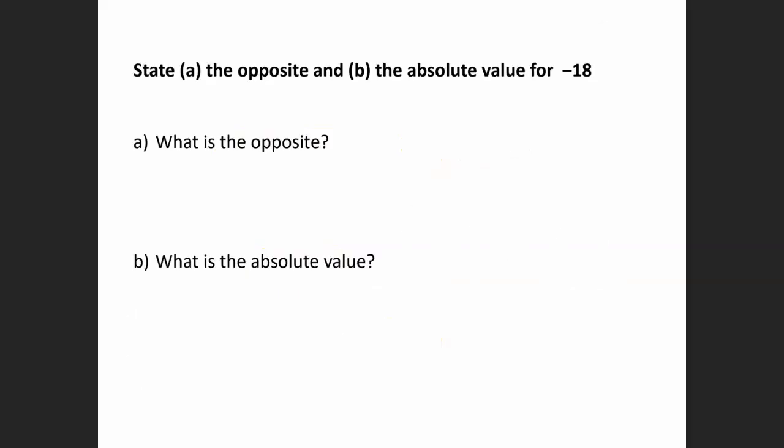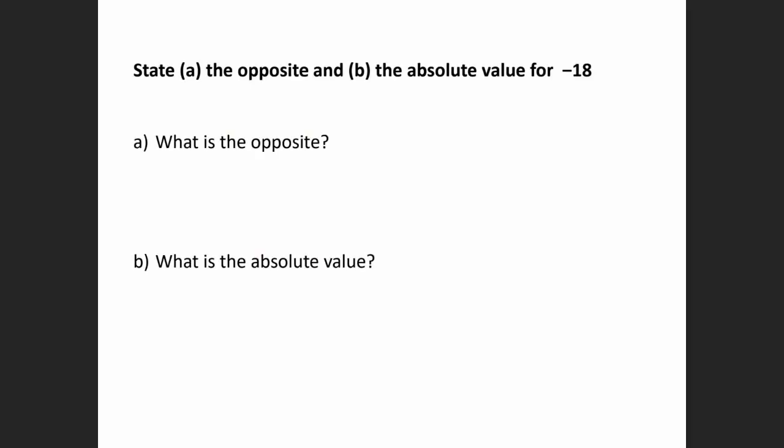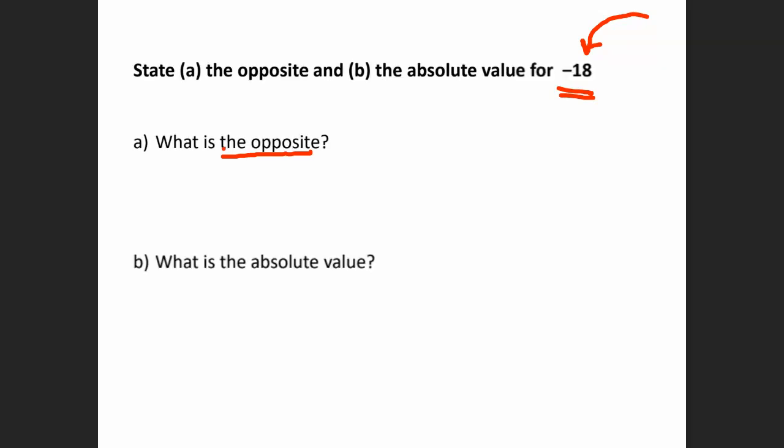Now, let's try another one. Now this time, notice what I have here. I have the same question, but I've changed this to a negative number. The phrase, the opposite, now the word of is implied here, because remember, in English, sometimes we don't always give you everything you need. It's understood.